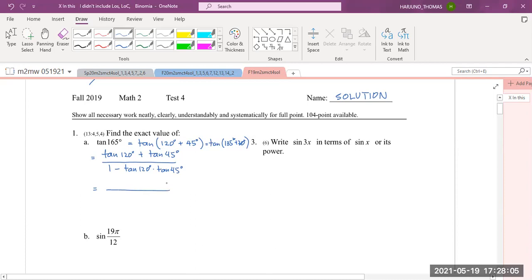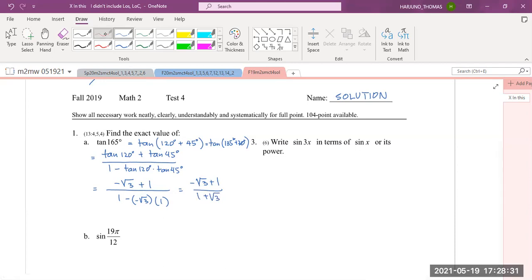Now tangent 120 degrees, the reference angle 60 degrees in quadrant 2, that's negative radical 3, plus tangent 45 degrees, which is 1, over 1 minus negative radical 3 times 1. Negative radical 3 plus 1 over 1 plus radical 3, multiplied by the conjugate of the denominator, 1 minus radical 3.